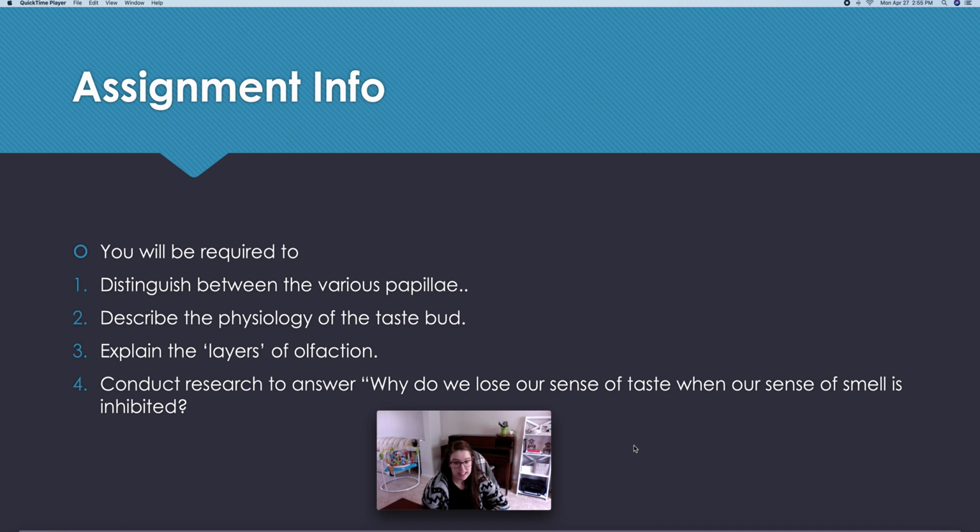Unfortunately, we can't do this activity. We would have been doing a competition with the, oh gosh, what are they called? Bean Boozled. Something like that. Because it actually works that if you inhibit your smell, you lose your sense of taste.